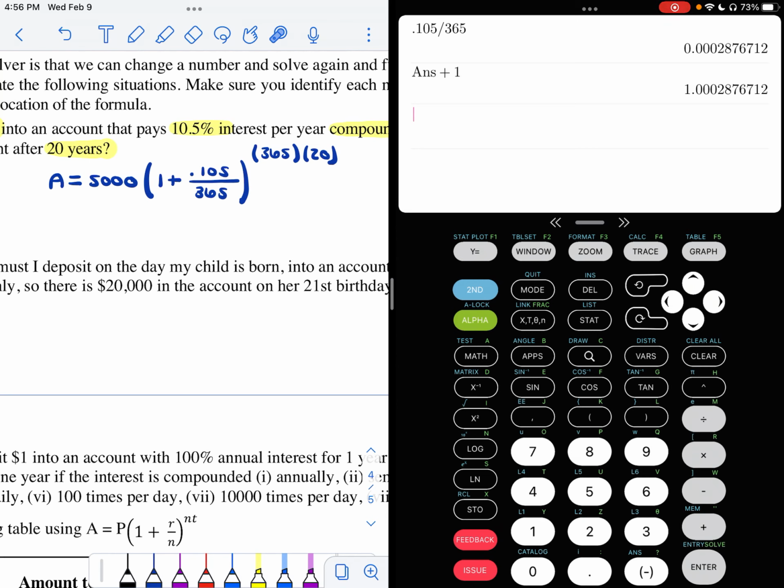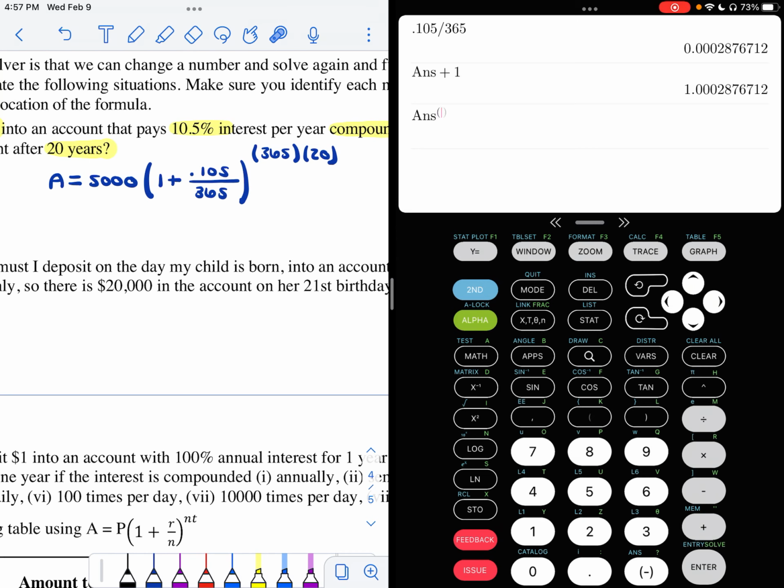Okay. All right, so after you add the 1, then you want to do the exponent, because remember your order of operations, PEMDAS, so do your parentheses and then your exponents. So I'm going to do my little caret symbol here that's above the division. And again, it's taking my previous answer.